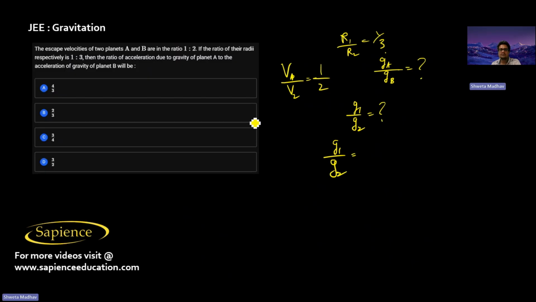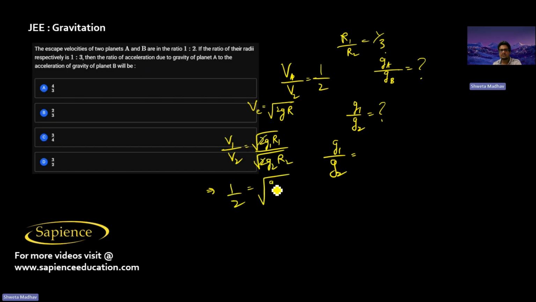Now we can say that escape velocity is given as root 2gR. Therefore, V1 by V2 is equal to root 2 g1 R1 by root 2 g2 R2. The 2 and 2 will cancel out. So this is given as 1 by 2, which is equal to root over g1 R1 by g2 R2.